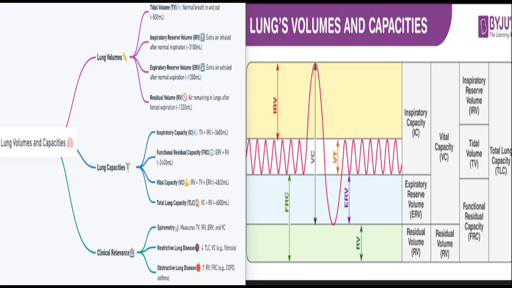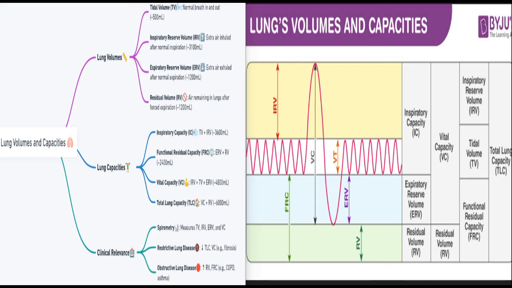So let's take another example where you have your forced expiratory volume in 1 second being 1.19, whereas the lower limit of normal is 1.82, and you have your forced vital capacity being 1.7, the lower limit of normal being 2.28.